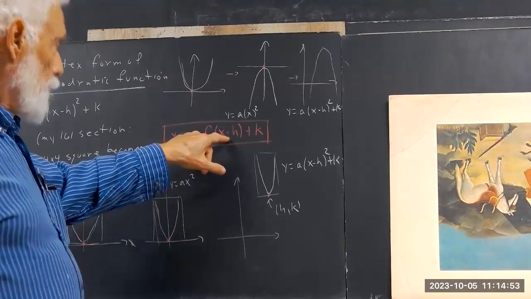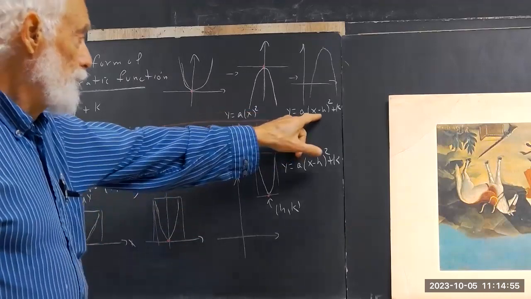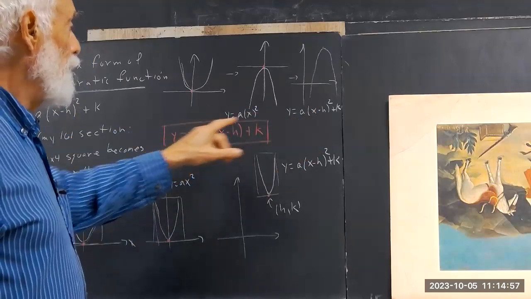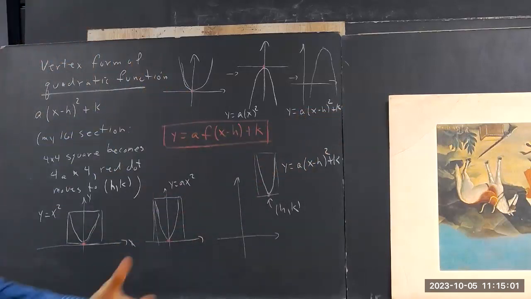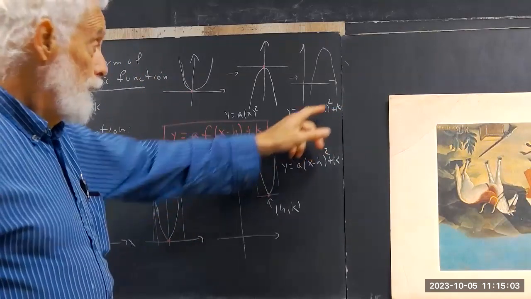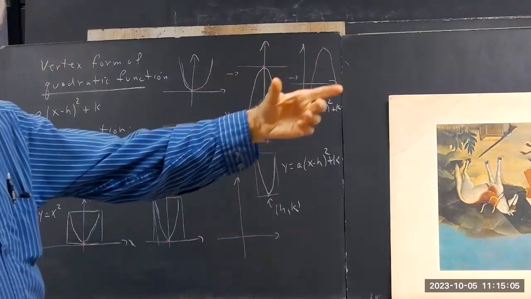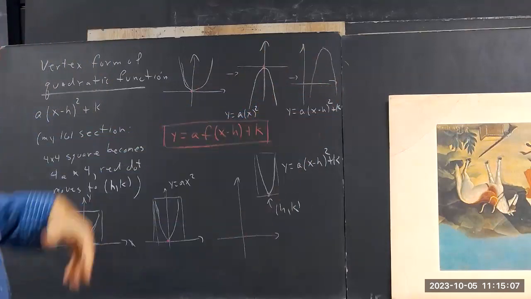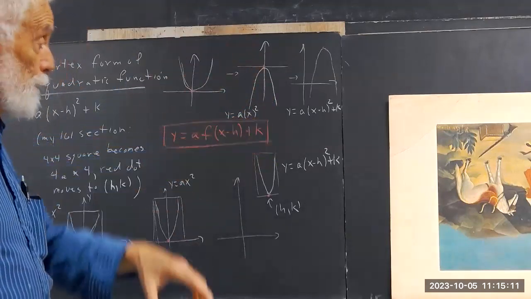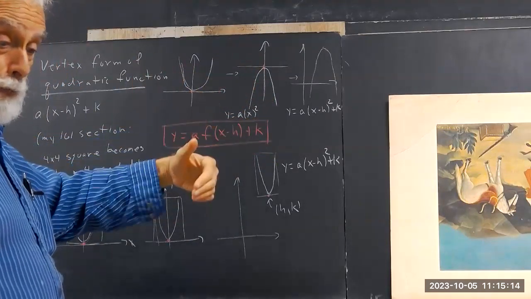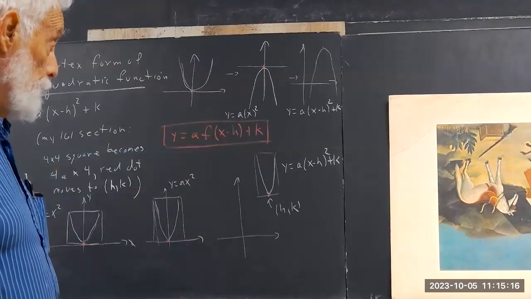Then f of x minus h is x minus h squared. So this thing is a times x minus h squared plus k. If this was the exponential function, we wouldn't have the x minus h squared. It would be up there in the exponent. If it was a reciprocal function, it'd be the reciprocal of x minus h, 1 over x minus h, or a over x minus h.